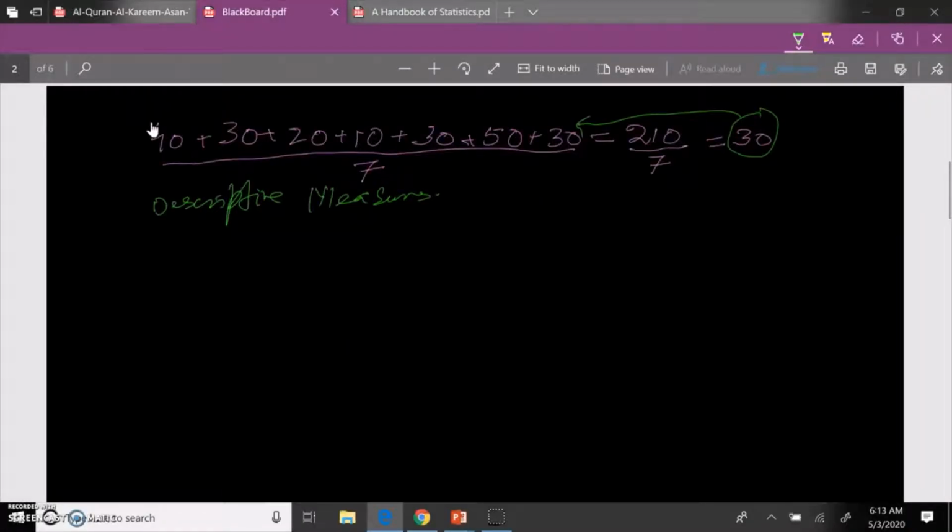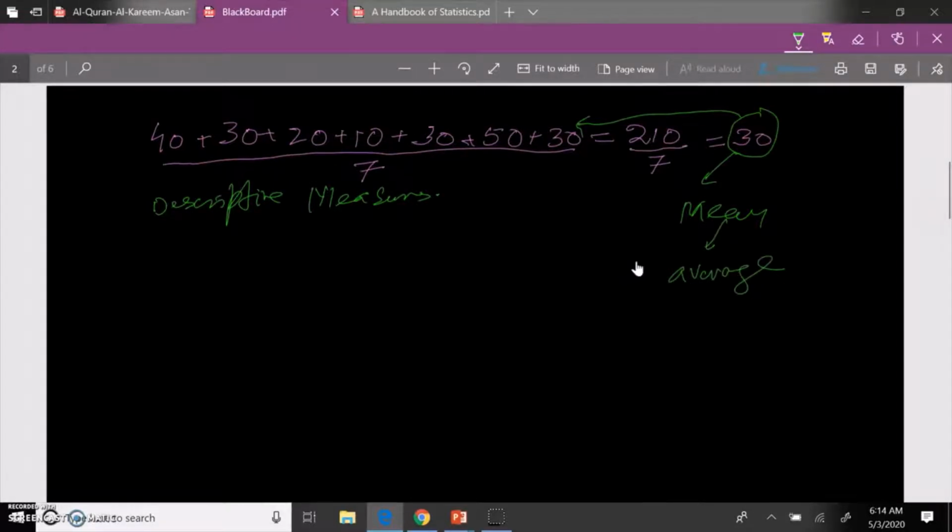I added all these values and divided by the total number of observations. This is the mean I have computed. We usually use the word average in our everyday life.